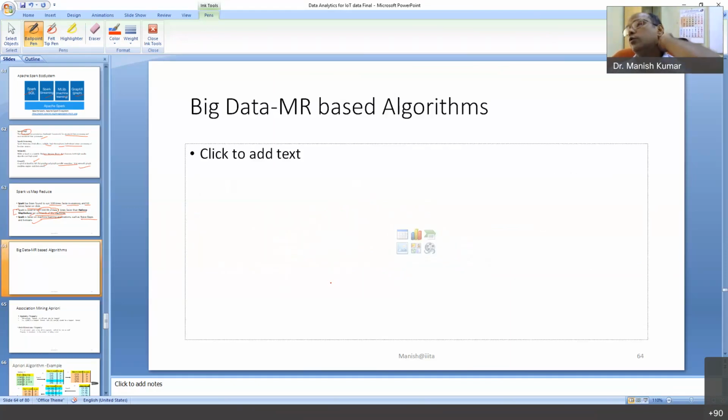So let me give you one or two examples of how big data processing could be done, and what sort of alterations or execution sequences need to be changed to have distributed and parallel executions.